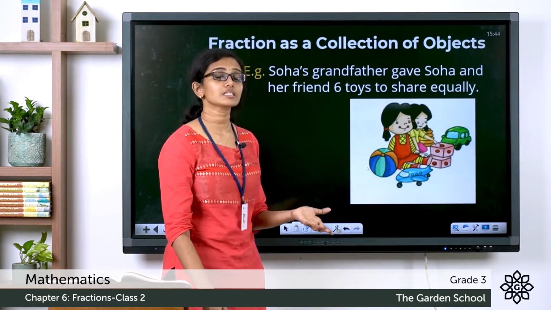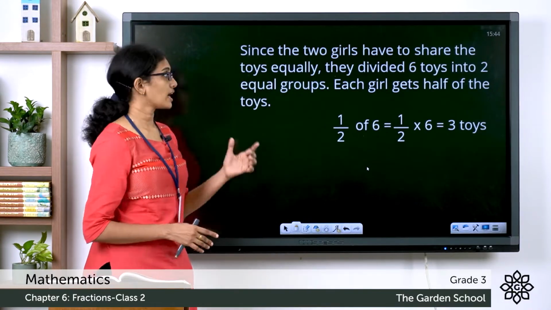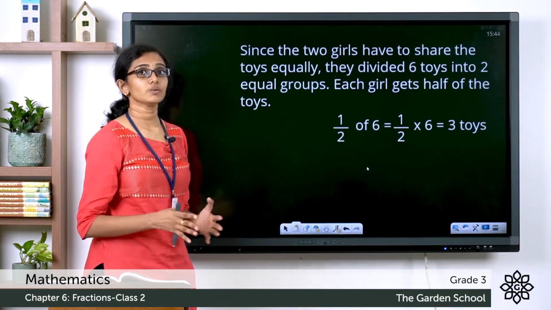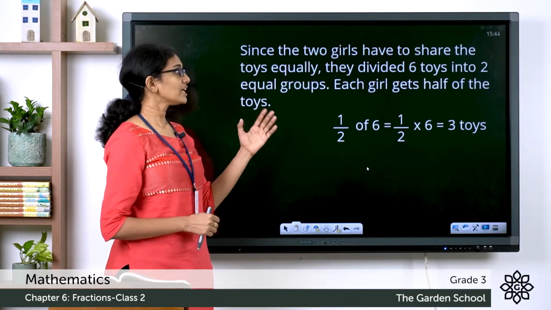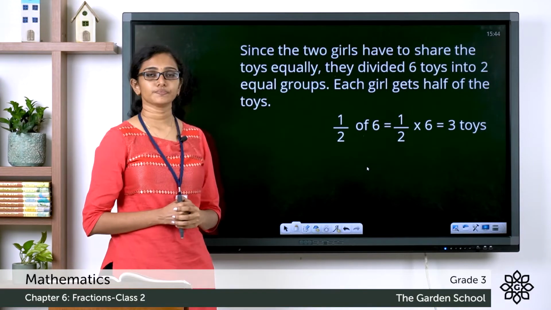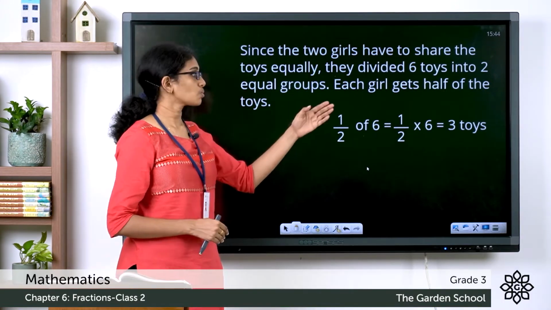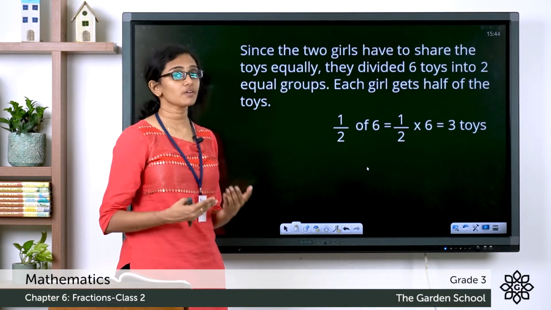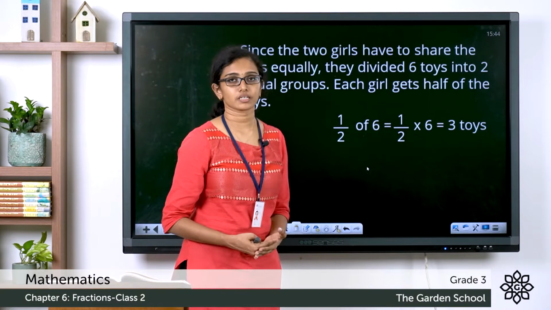So how will the girls divide the toys? Since the 2 girls have to share the toys equally, they divided the 6 toys into 2 equal groups. So each girl gets half of the toys. So that will be half of 6 toys, which is 1 by 2 of 6. And how would you find out 1 by 2 of 6? It would be 1 by 2 into 6.